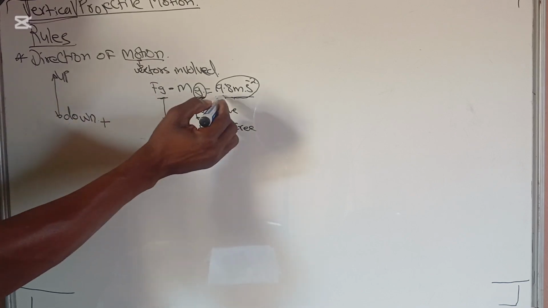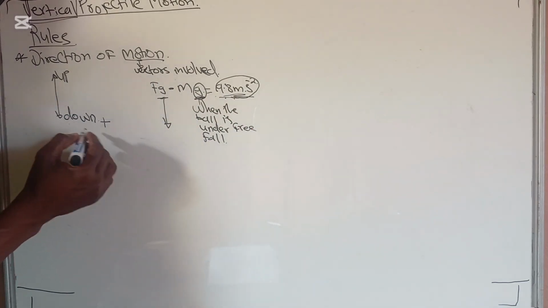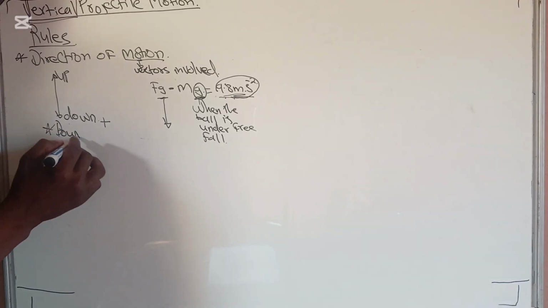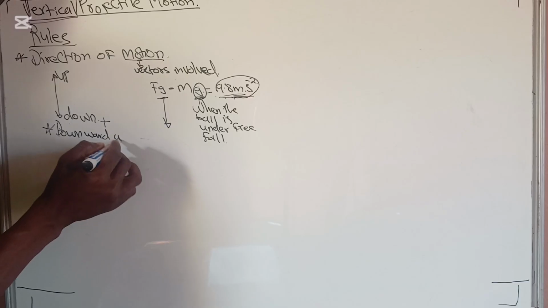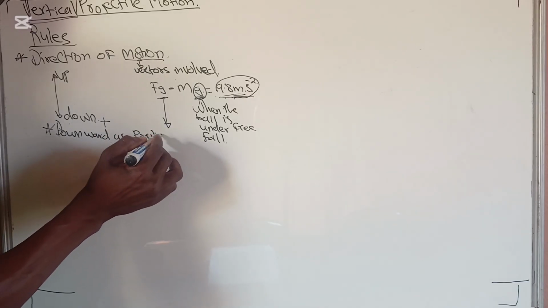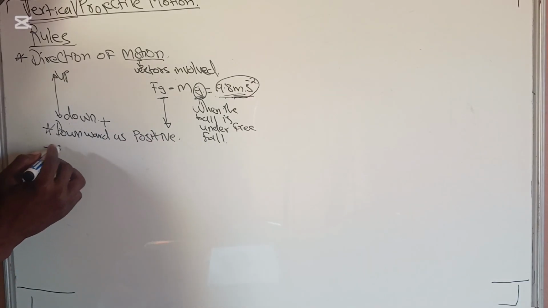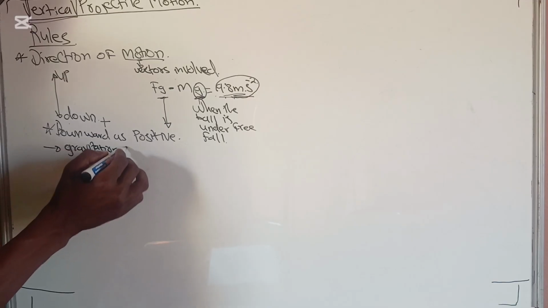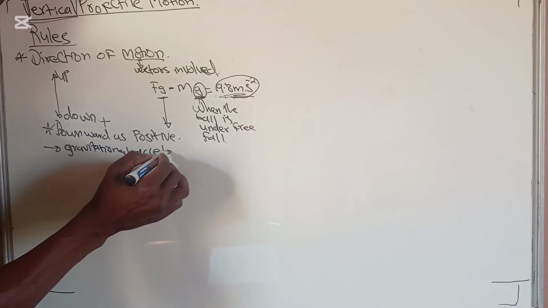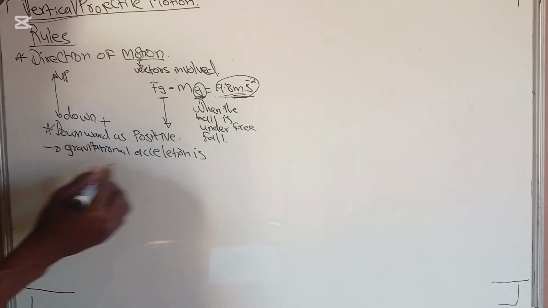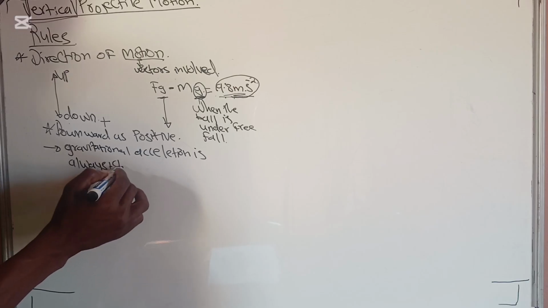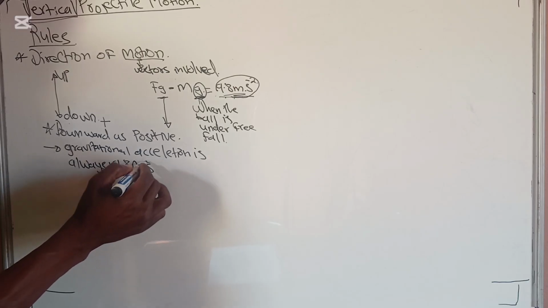So if you take downward as positive, then your gravitational acceleration is always 9.8 meters per second squared.